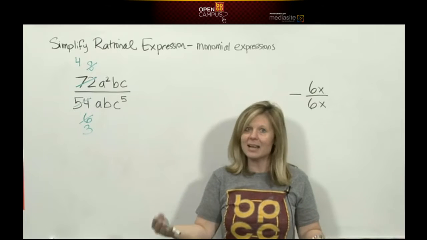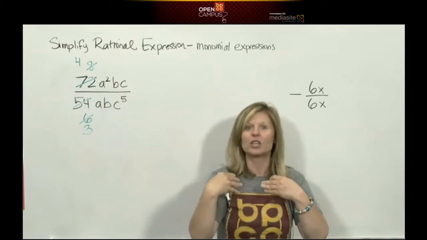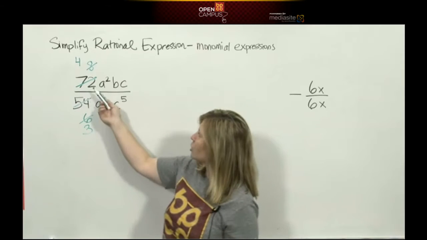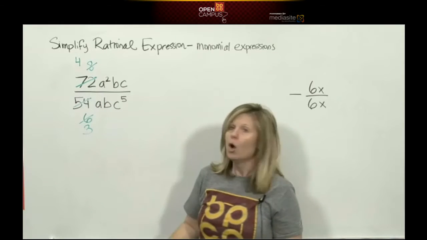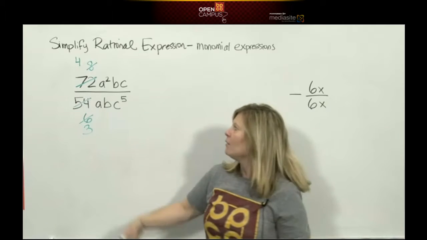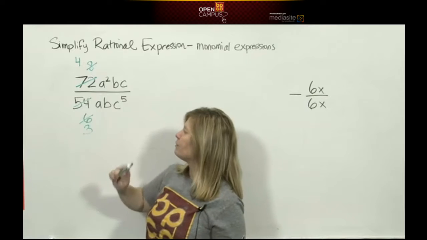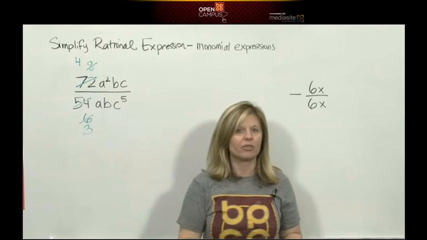Now, I did not use the greatest common factor because I did it like you guys would. You would probably do that in 2 steps. The greatest common factor of 72 and 54 would have been 18. If you would have done 72 divided by 18, you would have gotten 4, and if you would have done 54 divided by 18, you would have gotten 3.